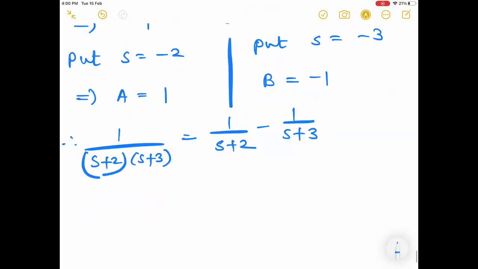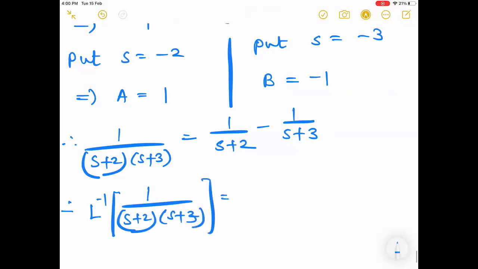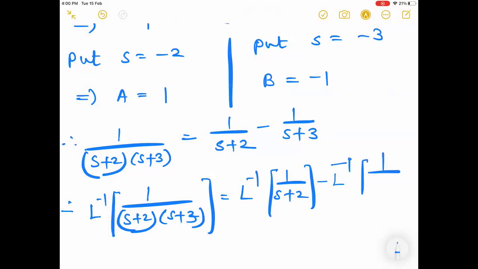And now when you take its inverse transform, both sides, you have to take the inverse transform of the right hand side also. Inverse transform of 1 upon s plus 2 minus inverse transform of 1 upon s plus 3.